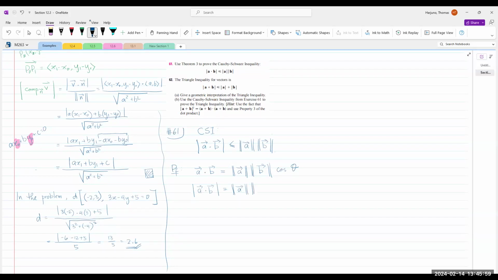Well, the magnitudes of two vectors are non-negative, right? Times absolute value of cosine theta, right? If there's anything that makes the dot product negative, it must be the cosine theta. Now, however, at the same time, we know that cosine theta is less than or equal to 1. Okay, so now we prove that.